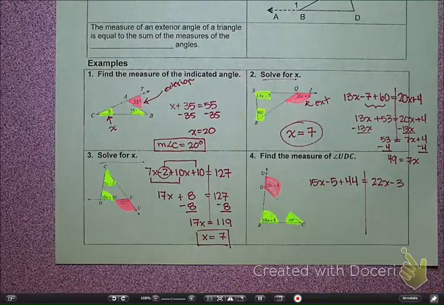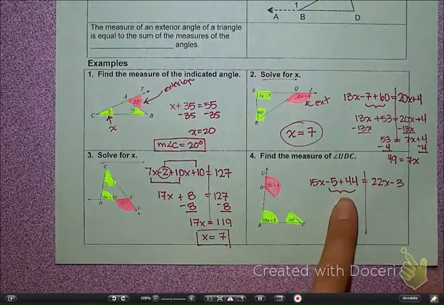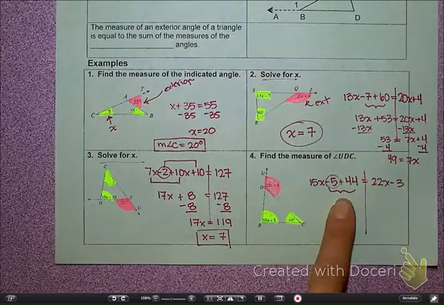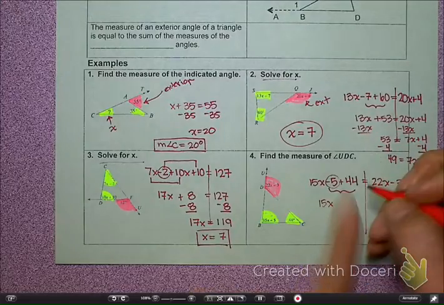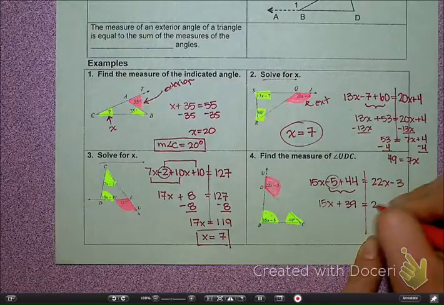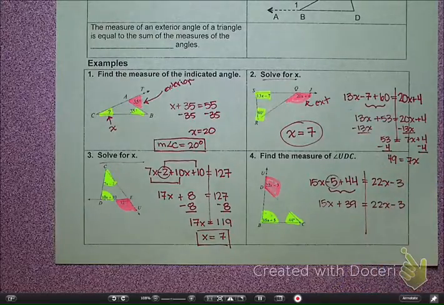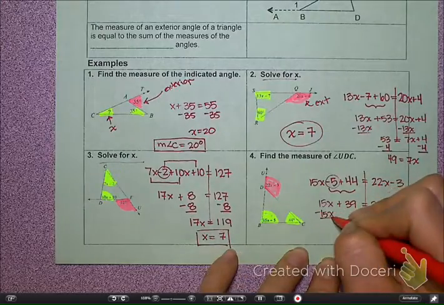Okay, so let's go ahead and solve that. Are you going to write down 49 right here? No. What kind of 5 is this? Negative. So what are we going to write down? 39. Okay, for me, I would probably move the 15x, but you can do it however you want.